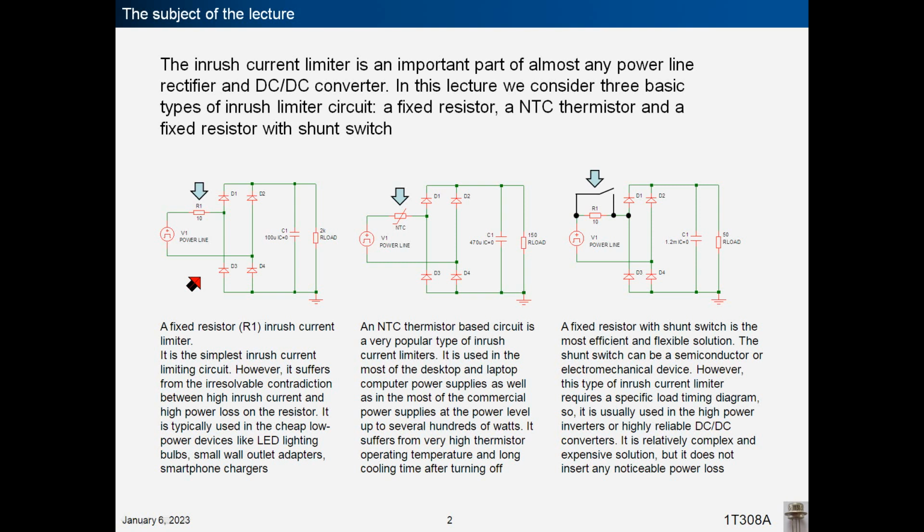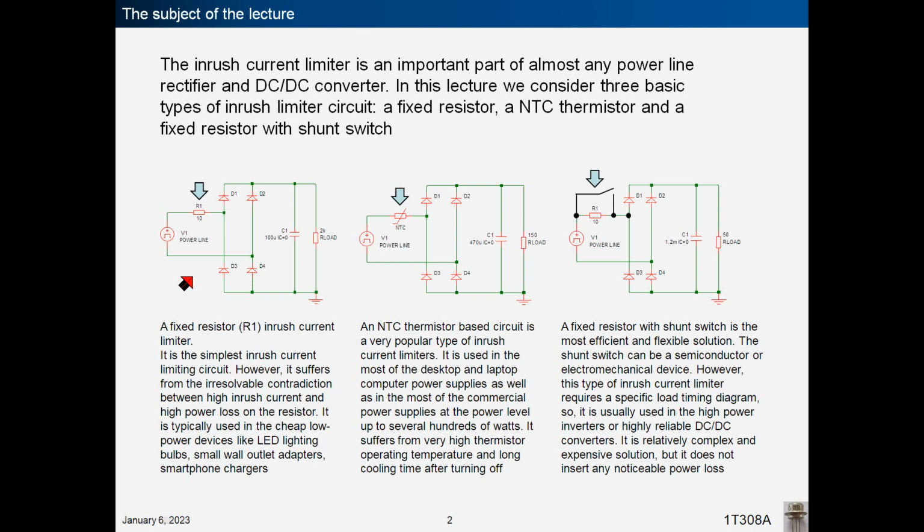In this lecture, we consider three basic types of inrush current limiter circuit: a fixed resistor, an NTC thermistor, and a fixed resistor with shunt switch. A fixed resistor inrush current limiter is the simplest inrush current limiting circuit.